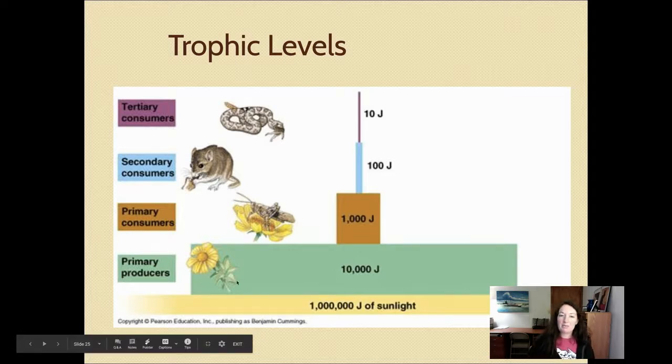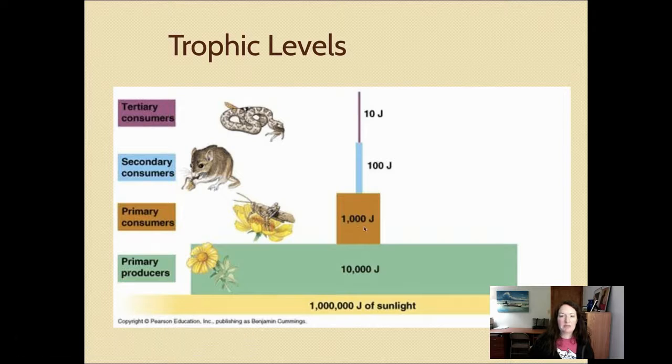When the grasshopper eats the plant, they're only getting 10% of the energy from the plant. When the mouse eats the grasshopper, they're only getting 10% of the energy that the grasshopper had. And when the snake eats the mouse, they're only getting 10% of the energy that the mouse had. So you have a very small amount of energy passing to these top consumers, these tertiary consumers.